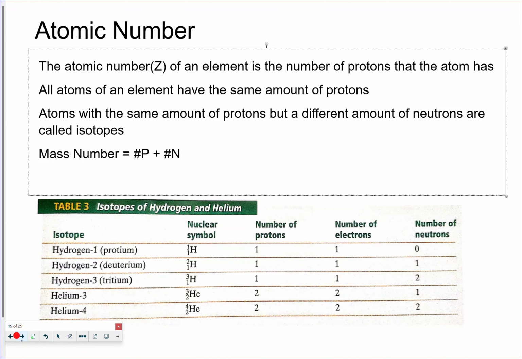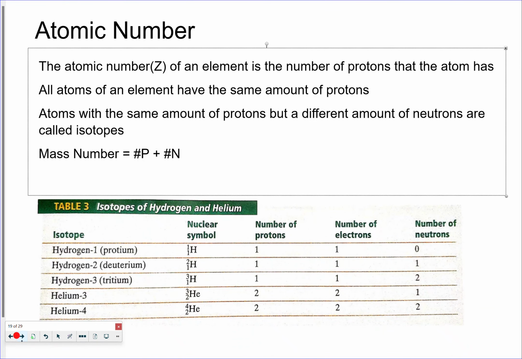Atomic number. The atomic number of an element is the number of protons that the atom has. All atoms of the same element have the same number of protons.